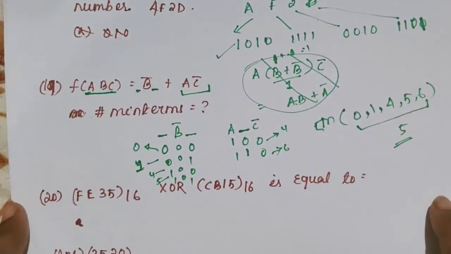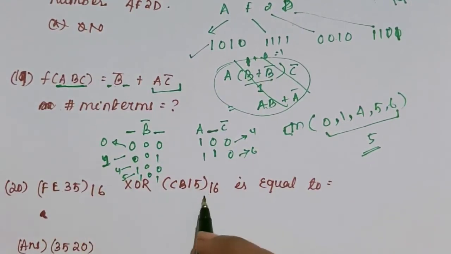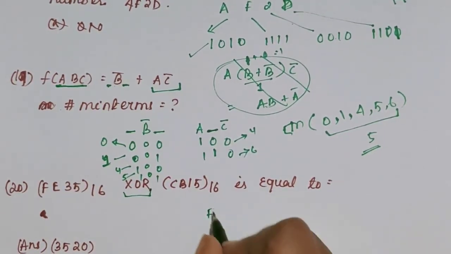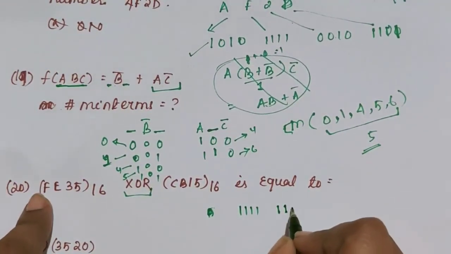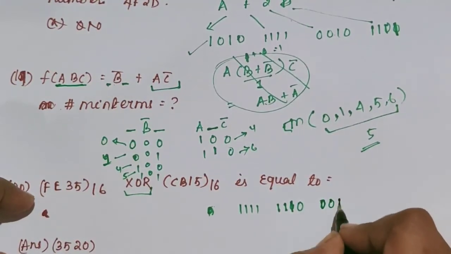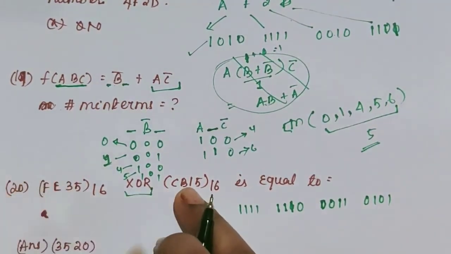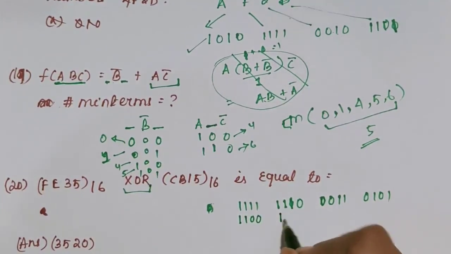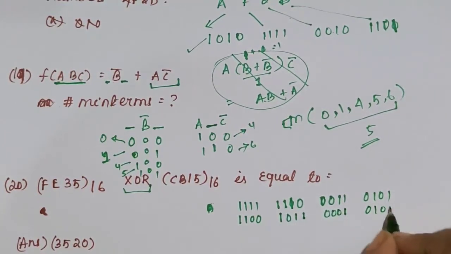The answer is 5. And for the last question, they have given two hexadecimal numbers and they are asking to perform the XOR operation. F is 1 1 1 1, E is 1 1 1 0, 3 is 0 0 1 1, and 5 is 0 1 0 1. And for this one, C is 1 1 0 0, B is 1 0 1 1, and this one is 0 0 1 0 and 0 1 0 1.